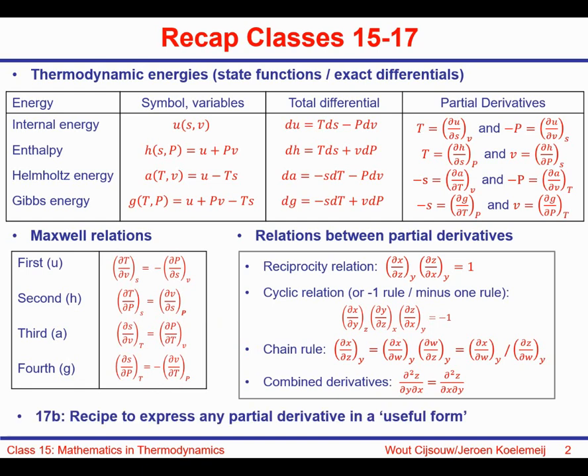And in the final class, we even learned sort of a general recipe that we can use to express any partial derivative into a useful form in terms of quantities that can be measured or that are otherwise known.